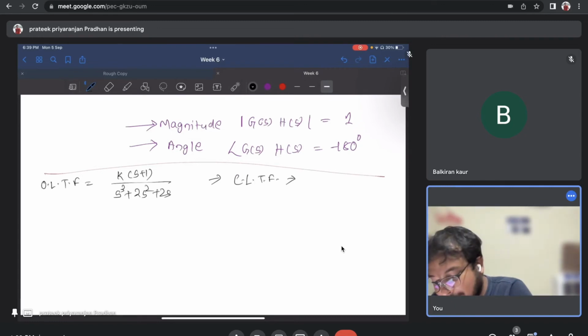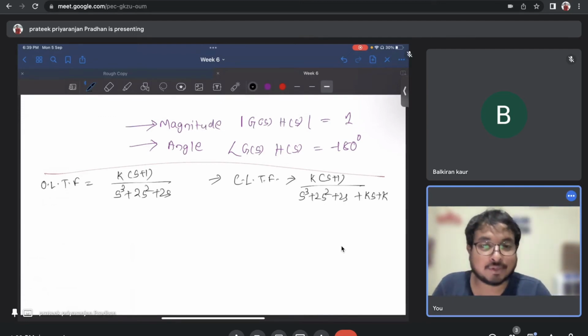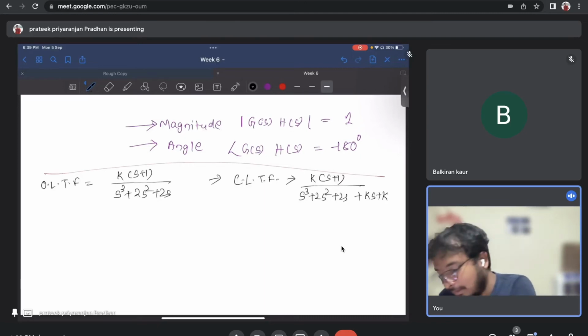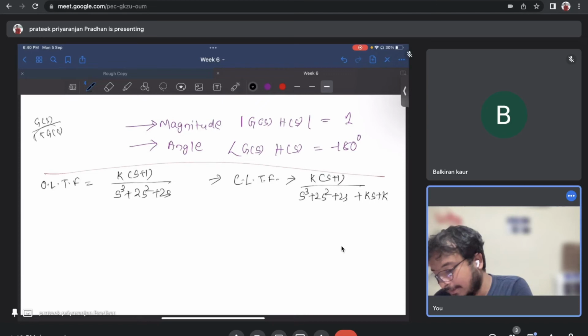This will be K (S plus 1) divided by S cube plus 2S square plus 2S plus KS plus K. Do you get how I got this closed loop transfer function? Simple. G of S divided by 1 plus G of S, because the H of S is 1 here.